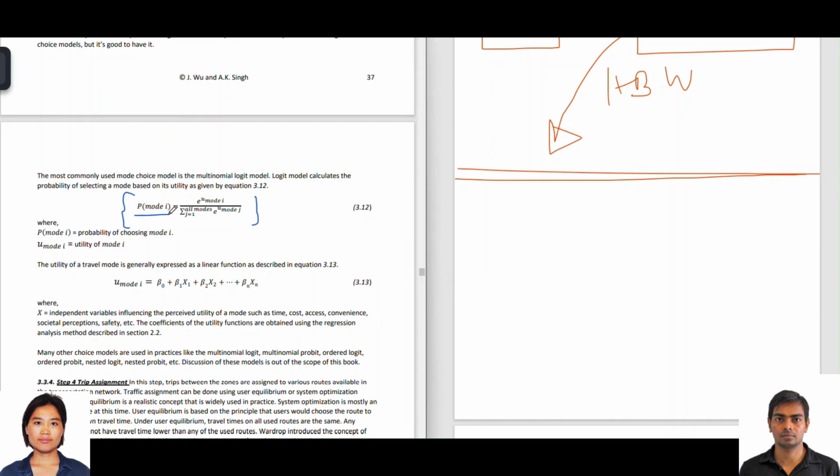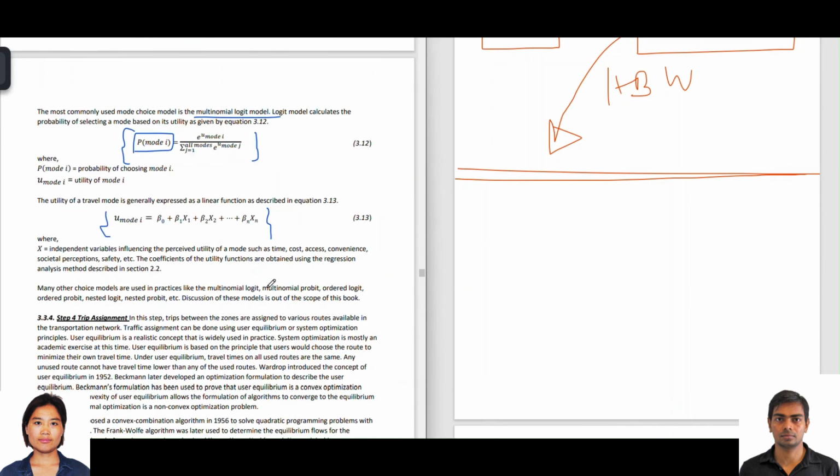So the probability of choosing a mode i is given by e to the power of the utility of mode i divided by the sum of all the utilities. This is called the logit model, the multinomial logit model, and the utility function is given by this. We can estimate the coefficients of these numbers using different software.